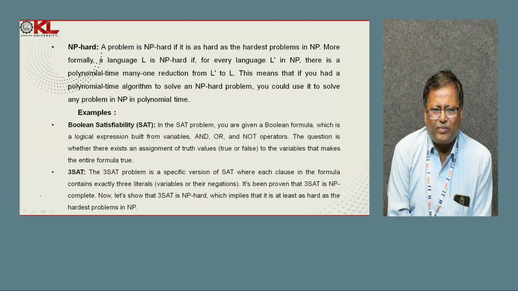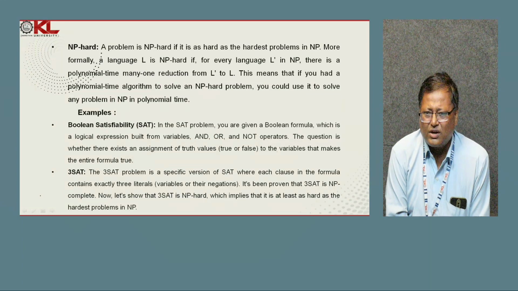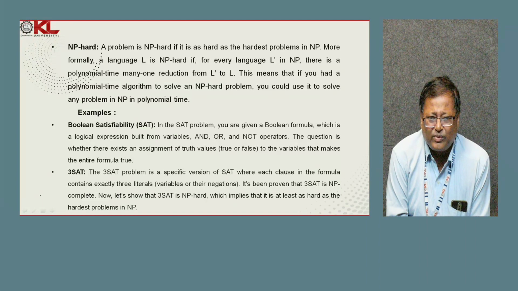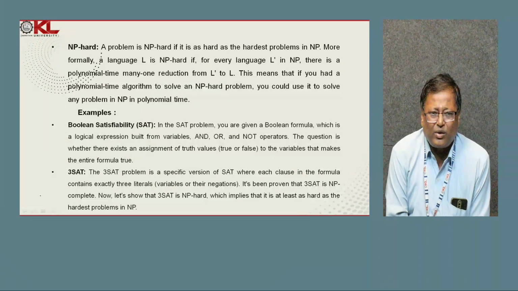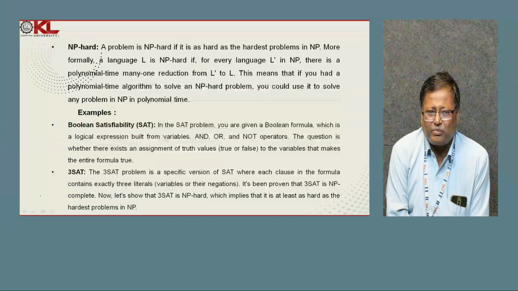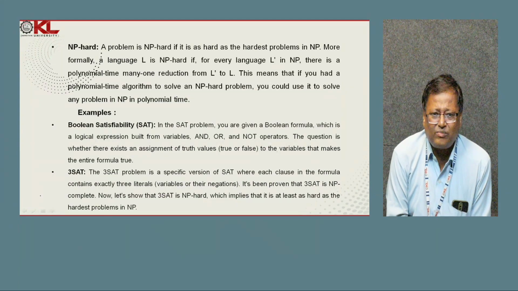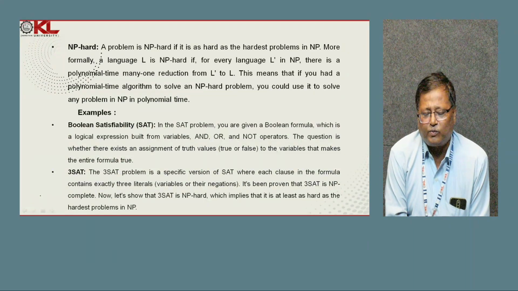Here the example is the SAT problem, which is an NP-hard problem, with conjunction and disjunction of Boolean values, and we also use NOT operators. Given a Boolean formula, which is a logical expression built from variables and AND, OR, NOT operators, the question is whether there exists an assignment of truth values, true or false, to the variables that makes the entire formula true.